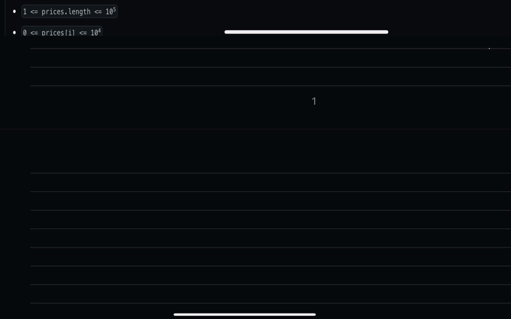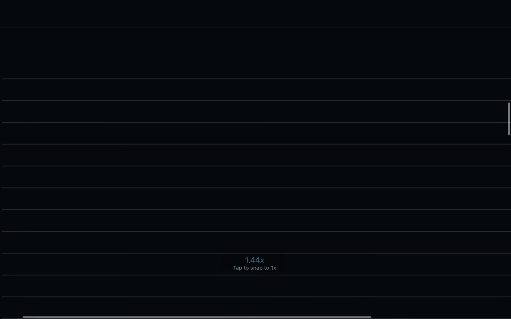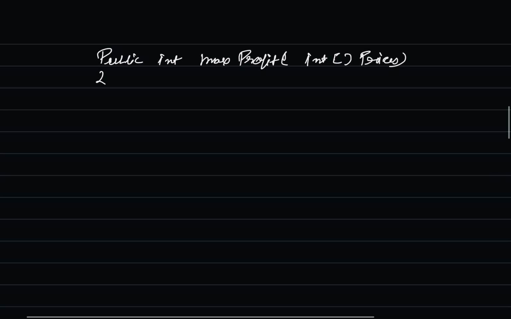See, this is my function: public int maximum profit. In that we are given the array whose name is prices. First of all, you have to calculate the length of this array using this line.